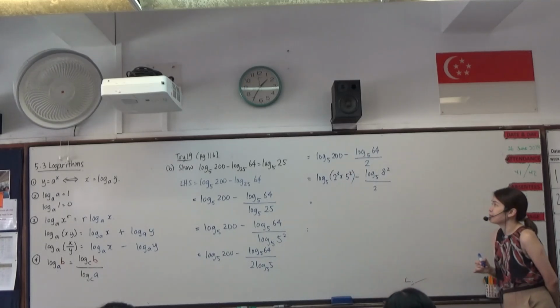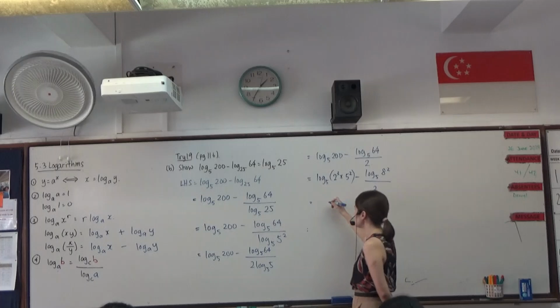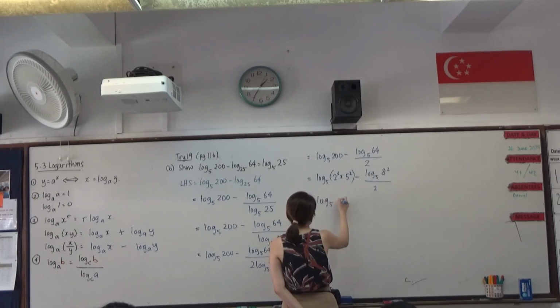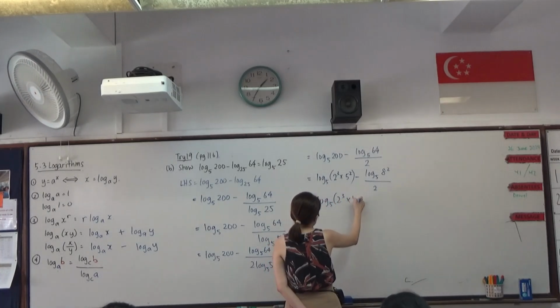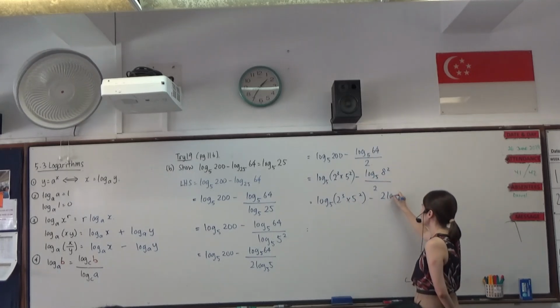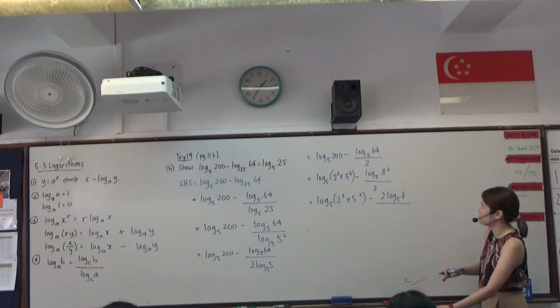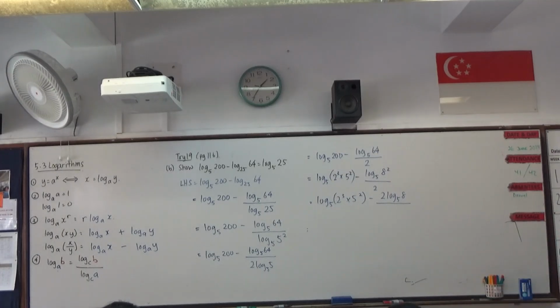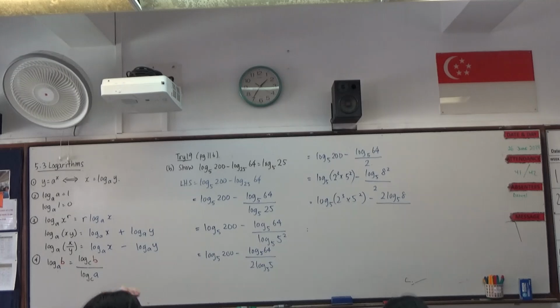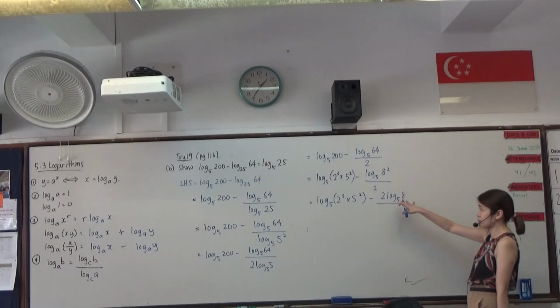Right? Okay? Now let's simplify this one first. I'll just keep that 2 cubed and 5 squared here. So I bring the power down. In fact, anybody think of 8 squared changing into 2 to the power of 6? 8 squared, okay, now we keep to this.